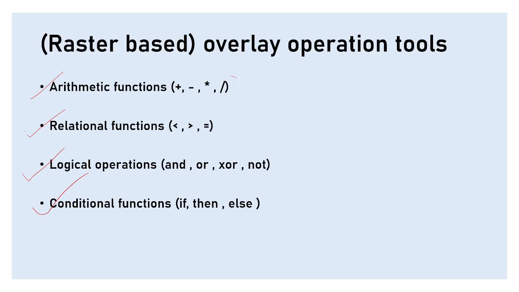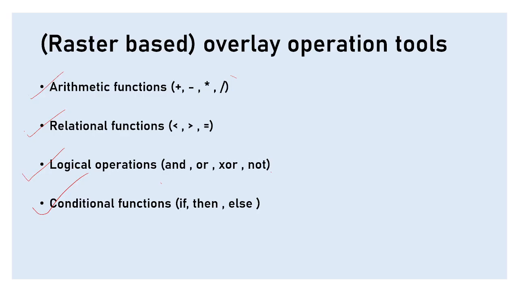You can also perform the relational functions, which we were using during classification also, right? Less than, greater than, equal to, those things. And then we have the logical operations: and, or, XOR, not. This is the exclusive one. So in fact, you can combine these also. You can use arithmetic, relational, and logical operations hand in hand.